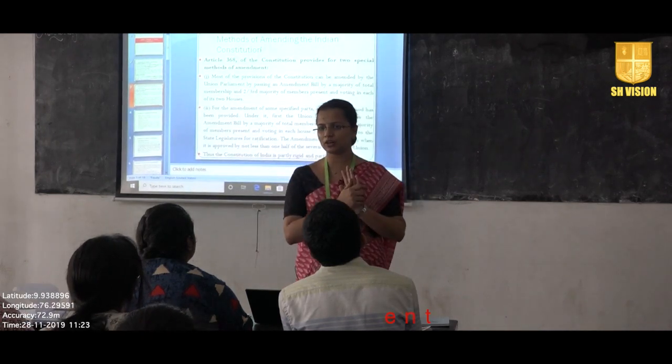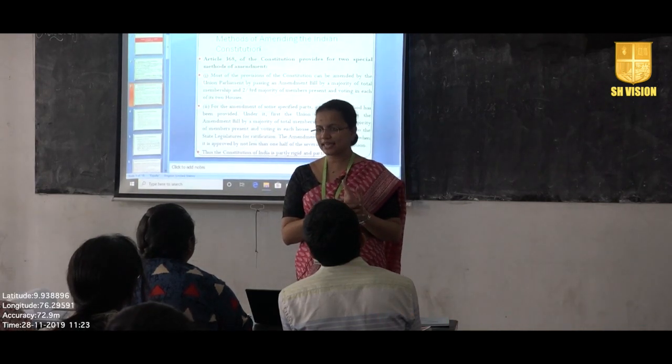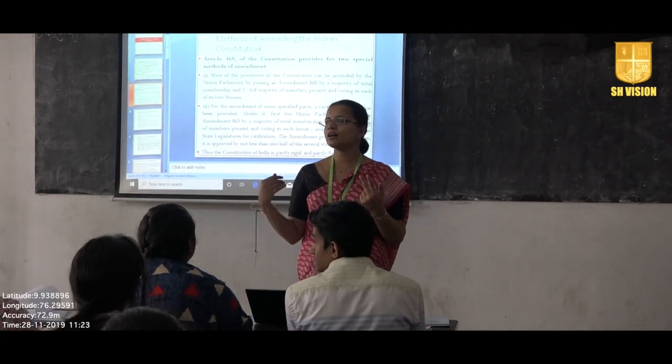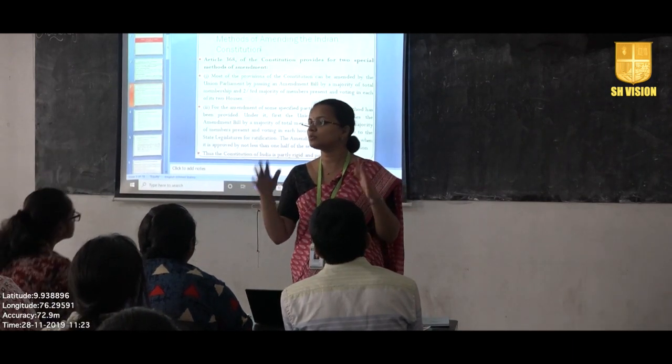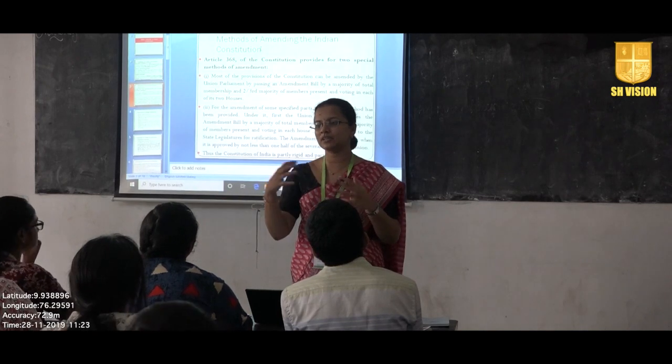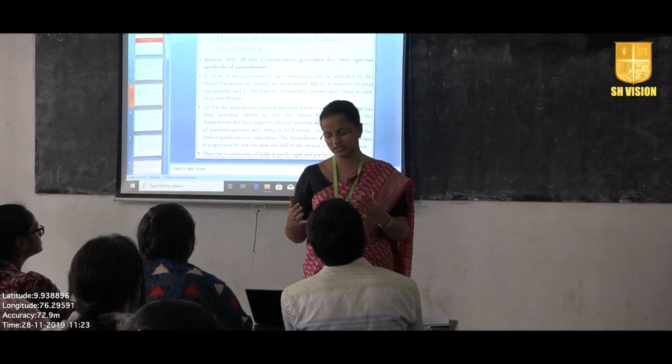So a simple majority is the maximum number of people voting for something. Secondly, members of both the houses should be present while this bill is being passed, and they should be voting as well.